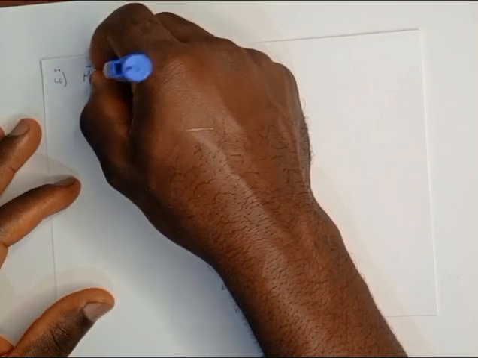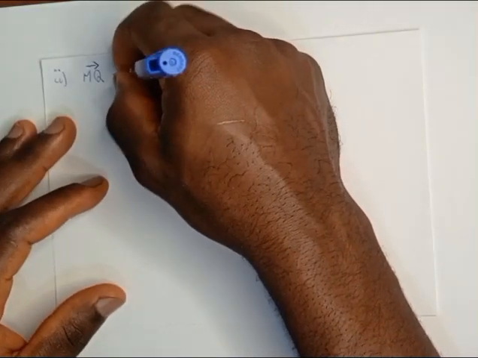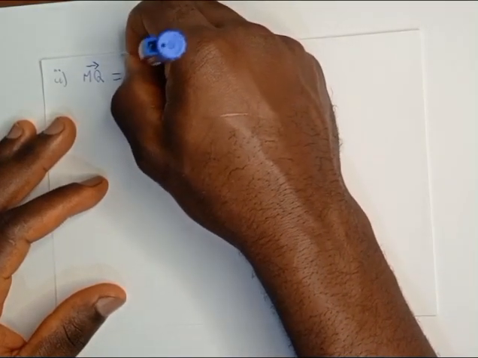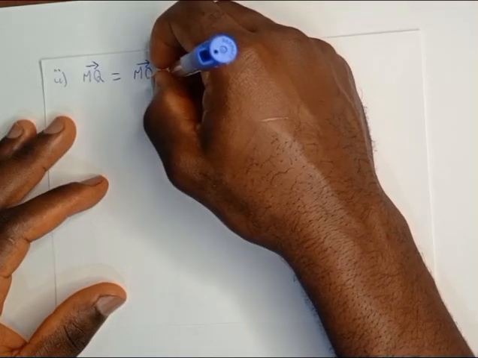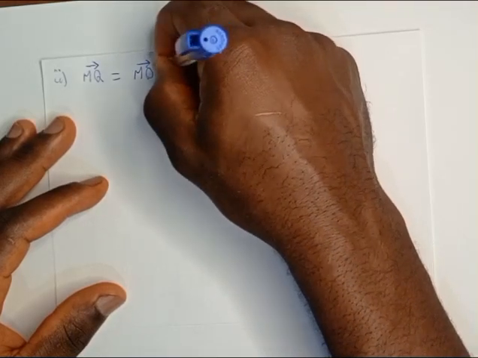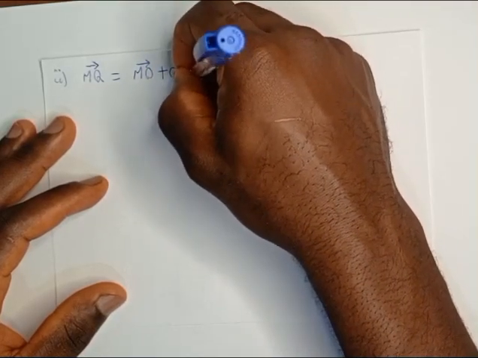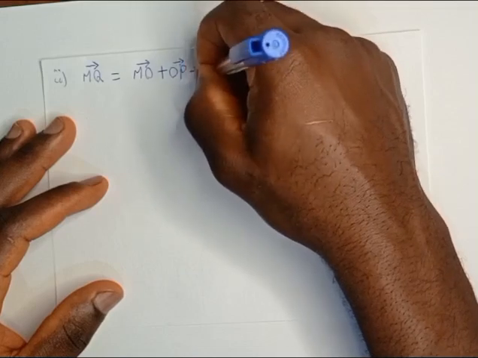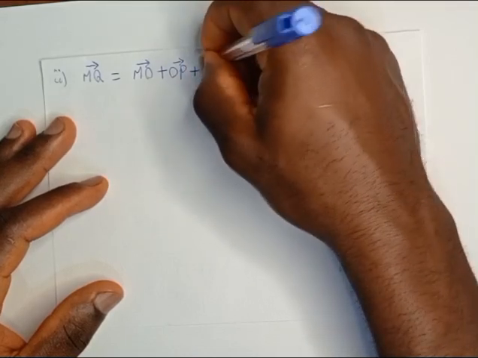It should be equal to MO vector plus OP vector plus PQ vector.